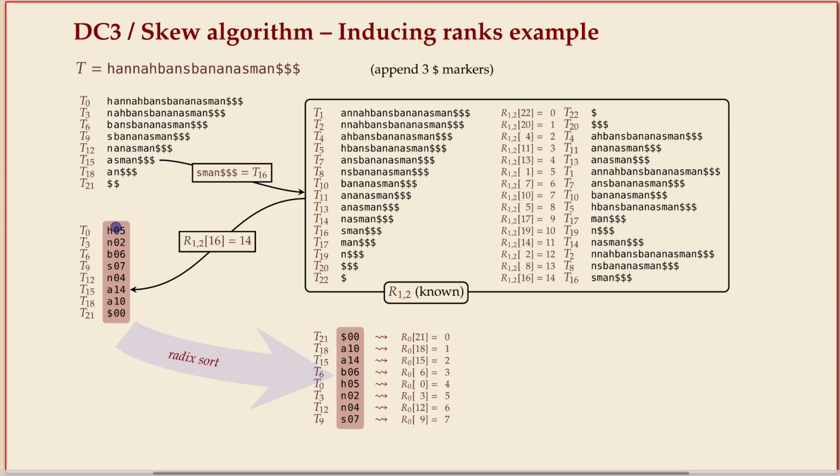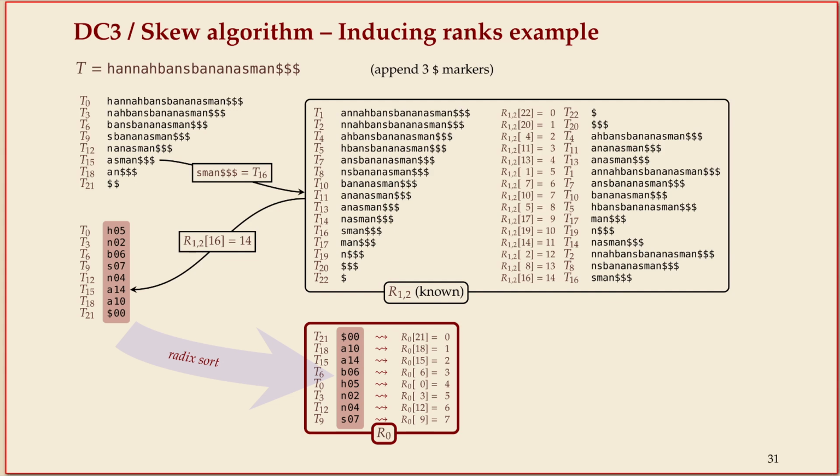And then you get all of these in sorted order. And from that, you can just read off the ranks. Right, this one, T21, gets rank 0. 18 is the next, it gets rank 1, and so on. And that's the result of this step.